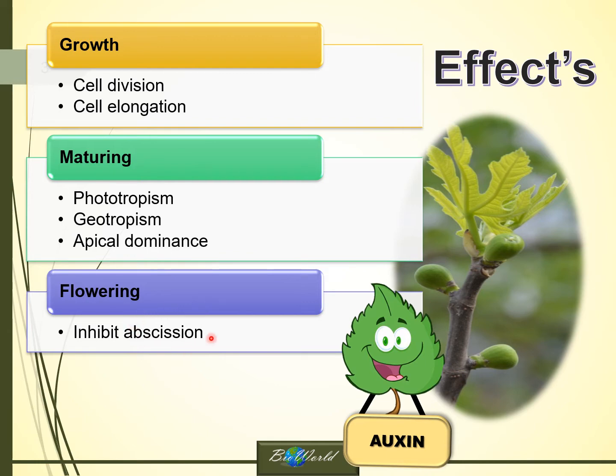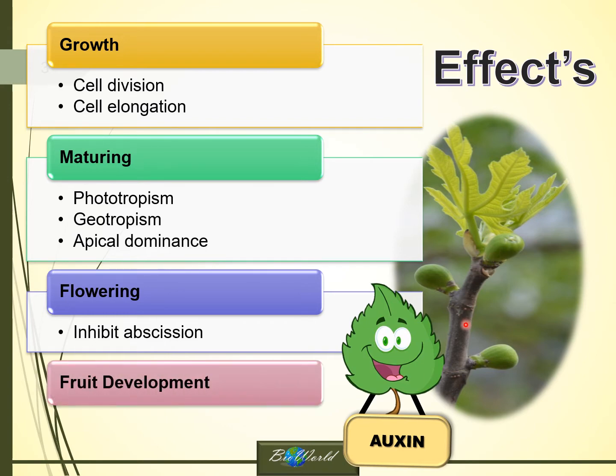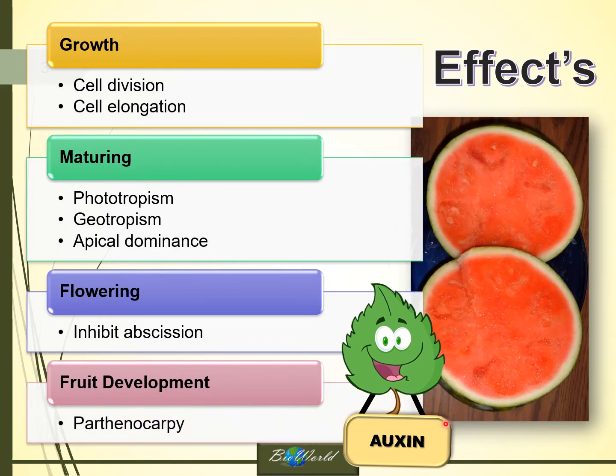The actual process of abscission will be discussed when we talk about the hormone abscisic acid. So just remember, auxin will help to keep the flower bud and the leaf attached to the stem. And finally, for fruit development, auxin is involved in a process called parthenocarpy, that is production of seedless fruits. So I'll go into each one step by step.